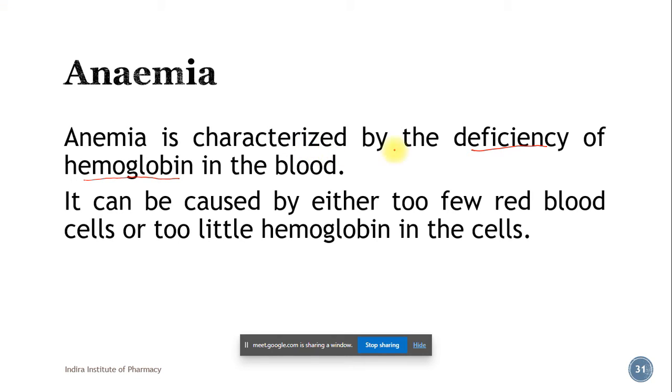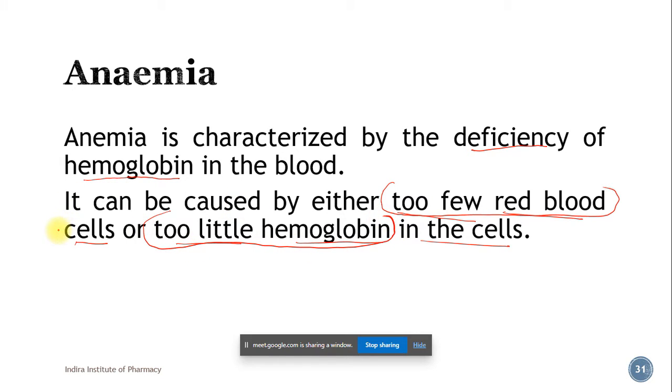It can be caused by either too few red blood cells or too little hemoglobin in the cells. So there are two conditions which are characteristic of anemia: too few red blood cells and too little hemoglobin.